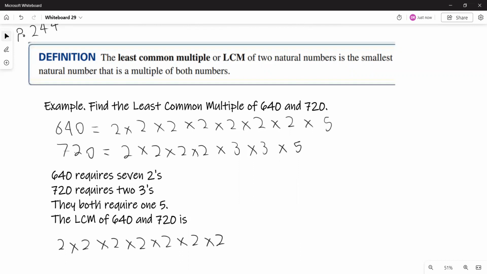So 640 requires 7 twos and 720 requires 4 twos, so we're going with the 7. 720 requires 2 threes. And there's 1 5 involved in both. So that product is going to be 5,760.